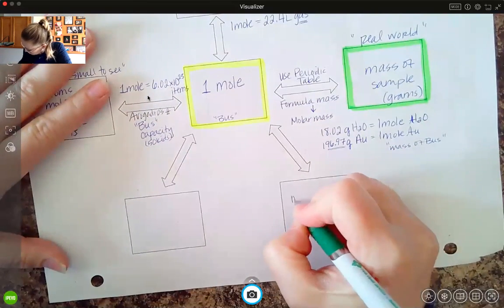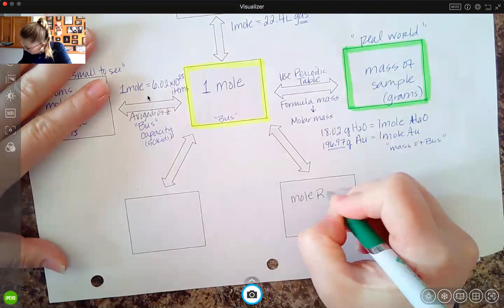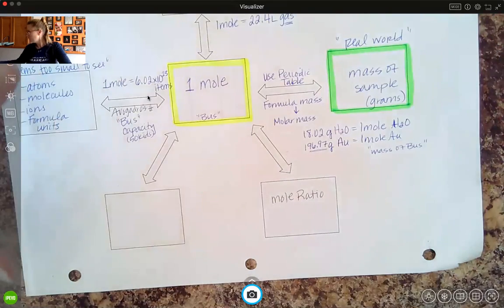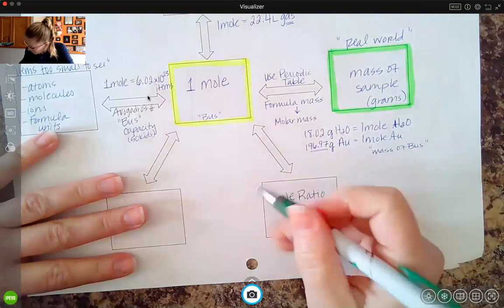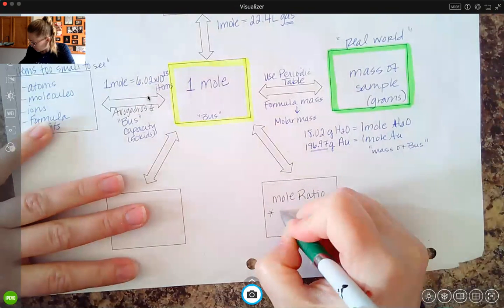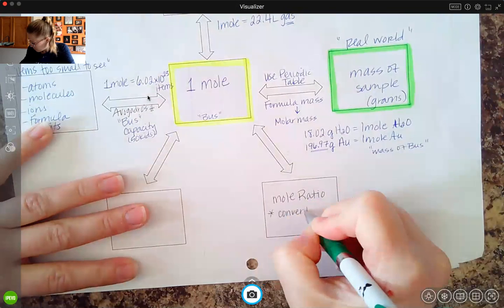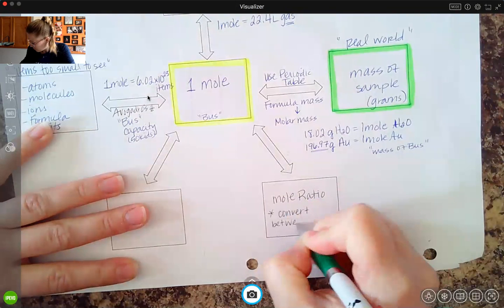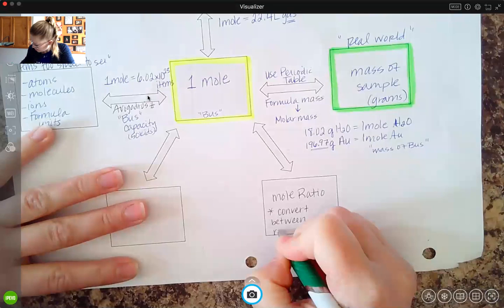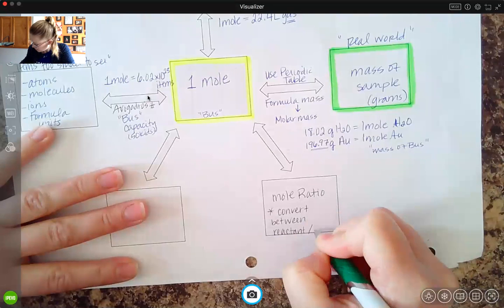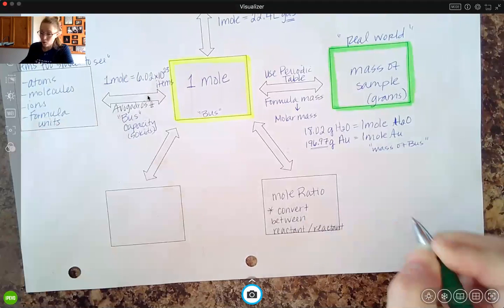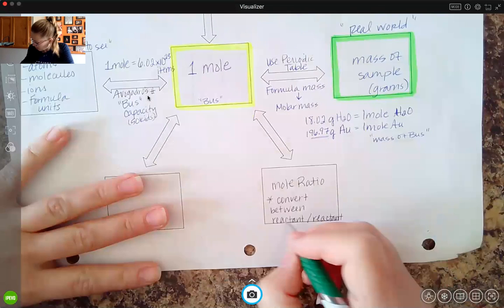The mole ratio can be used to convert between reactant and reactant, or reactant to product.